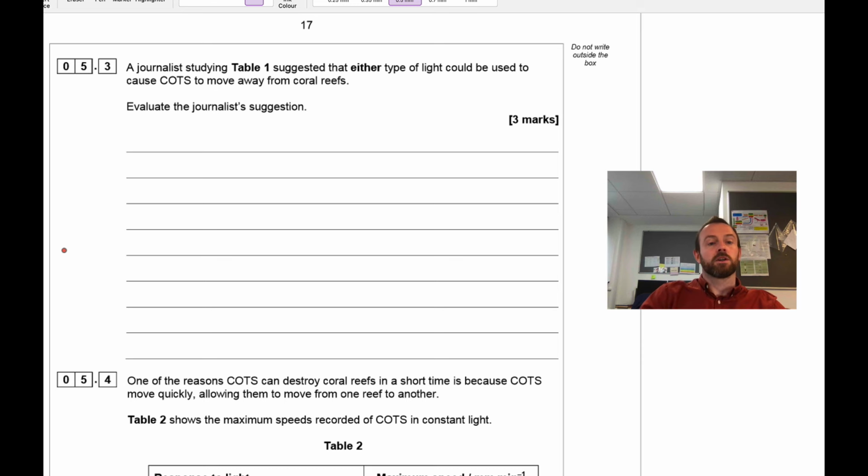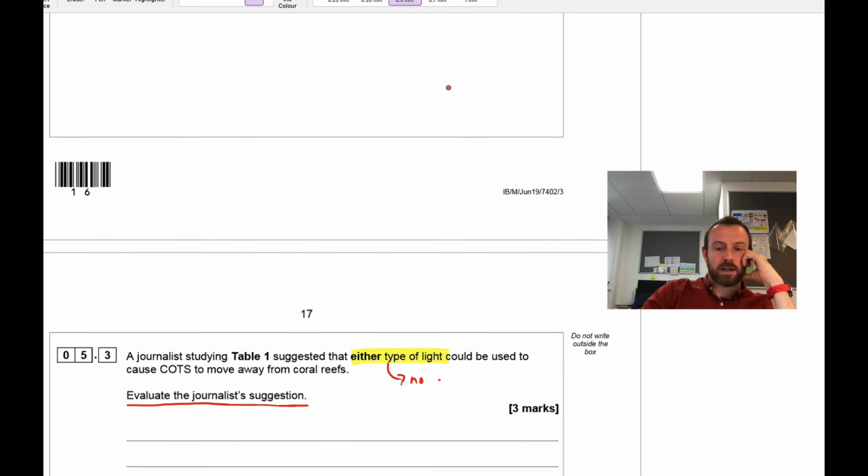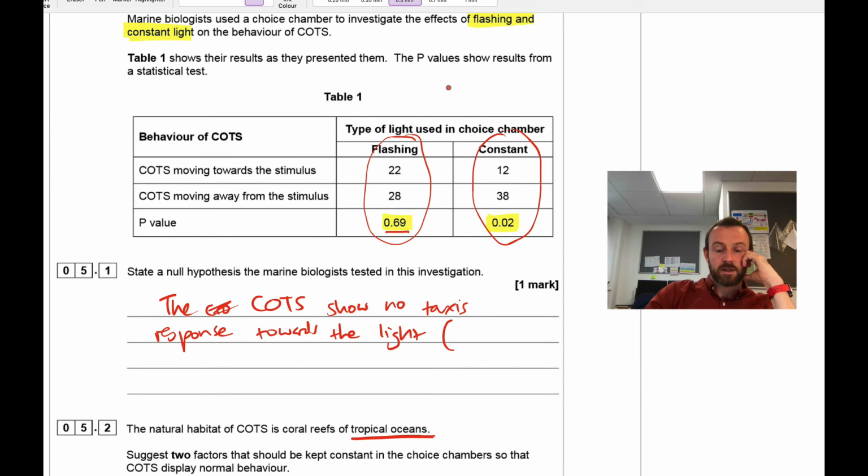5.3. A journalist studying Table 1 suggested that either type of light could be used to cause crown of thorns starfish to move away from the coral reefs. Evaluate the journalist's suggestion. Well, this is silly. So either type of light, no. No, certainly not. So what we need to pick up on is what type of light would be effective and what wouldn't. Constant light would be effective.